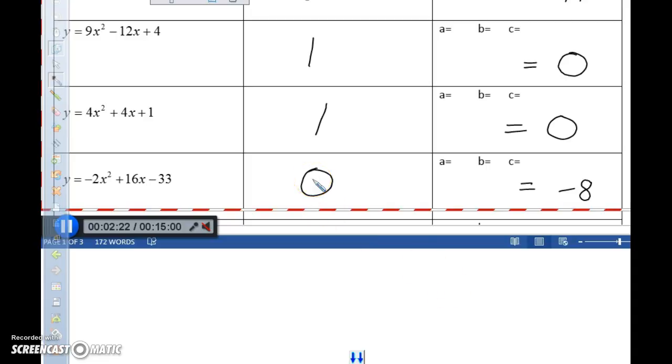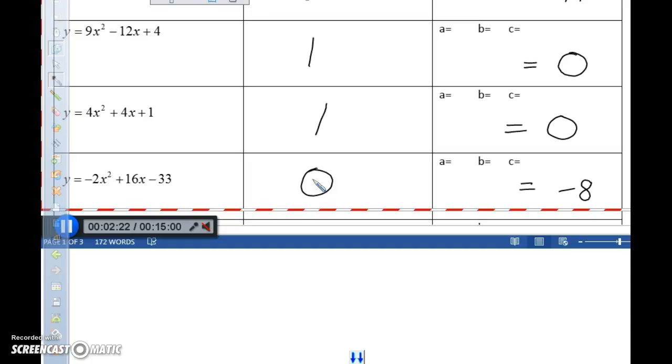So, if we look at our chart, if this last column was 0, how many x-intercepts did we have? 1. So if we use this little formula and we get 0, we know that the parabola is only going to kiss the x-axis.